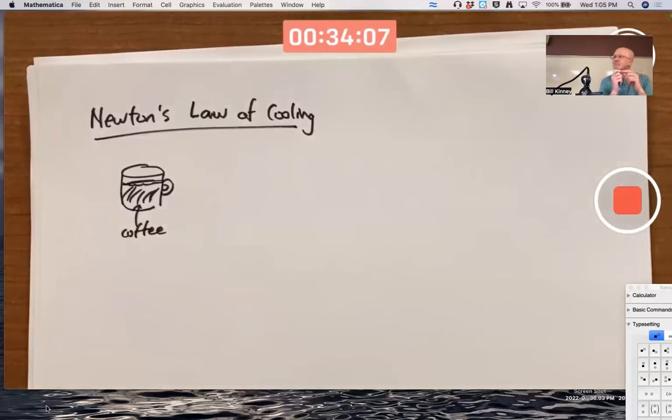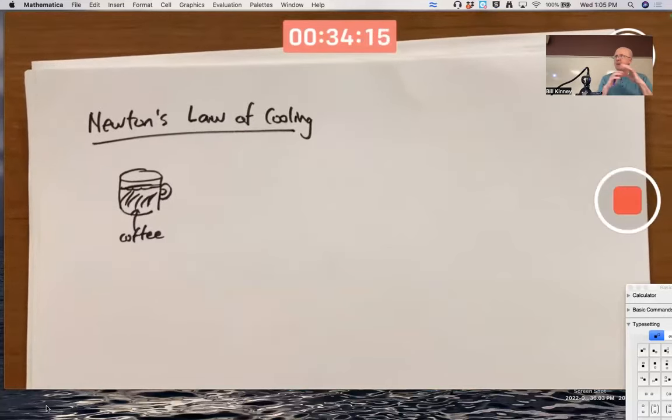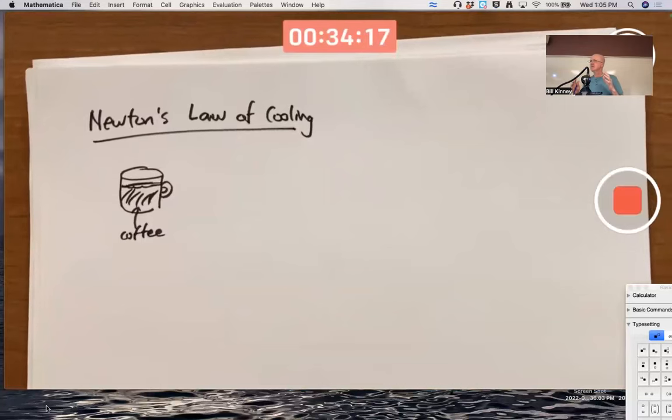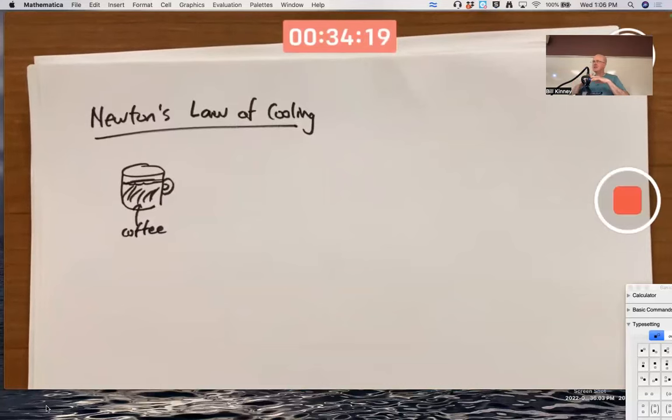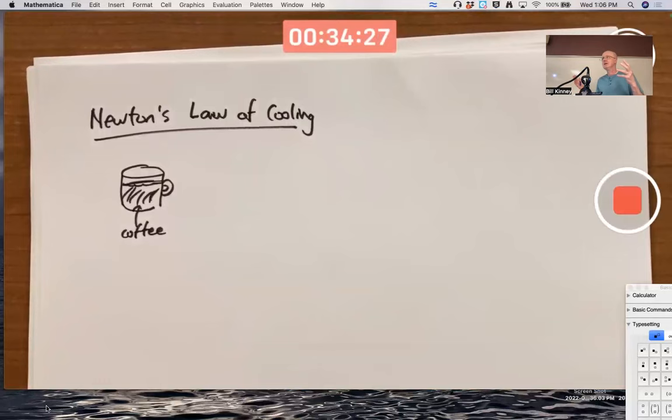Now, if you want to be extra precise about how coffee or any liquid cools, you'd want to take spatial effects into account, right? The heat has to diffuse through space and time. However, if you try to take spatial effects into account, you get what's called a partial differential equation. It's called the heat equation.